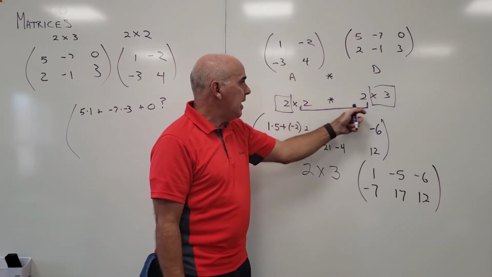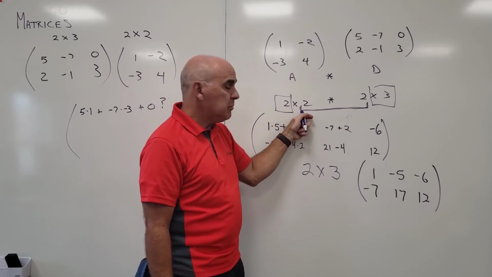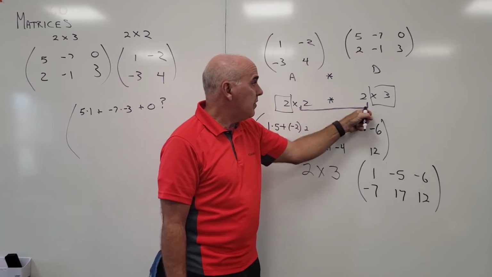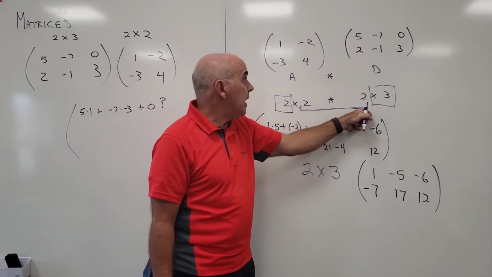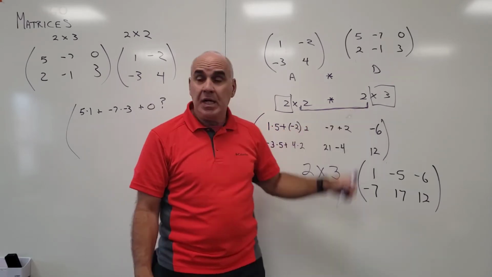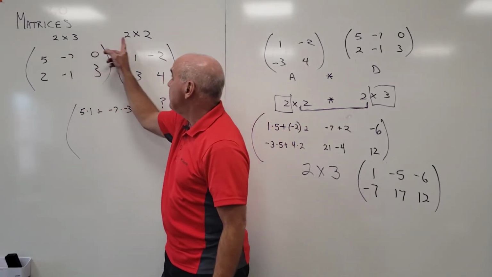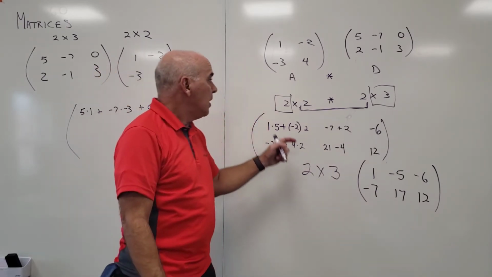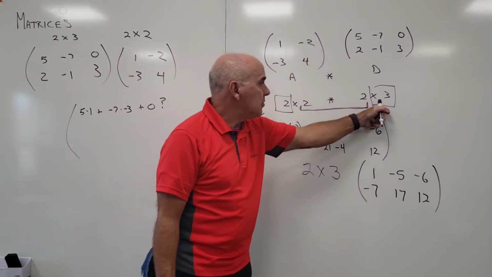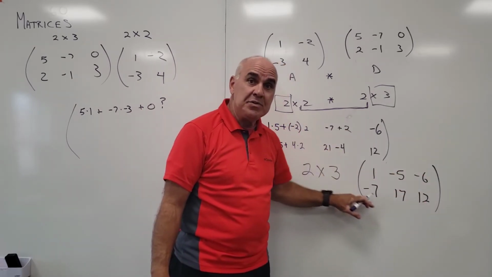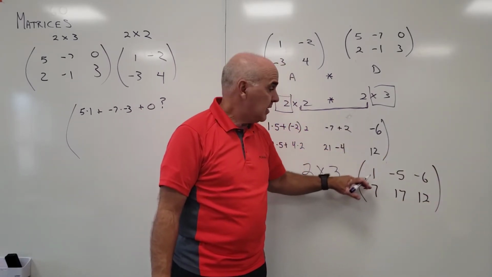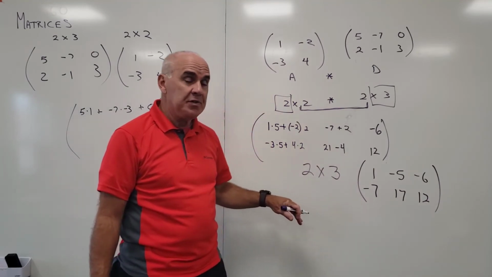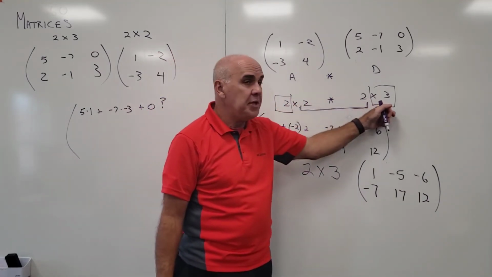If the inside number, the column of the first matrix, and the row of the second matrix aren't the same, it can't be done. Here, 3 is not the same as 2. I cannot multiply these. And then the outside numbers will tell us what the final matrix will look like as far as its dimension. It's a 2 by 3.